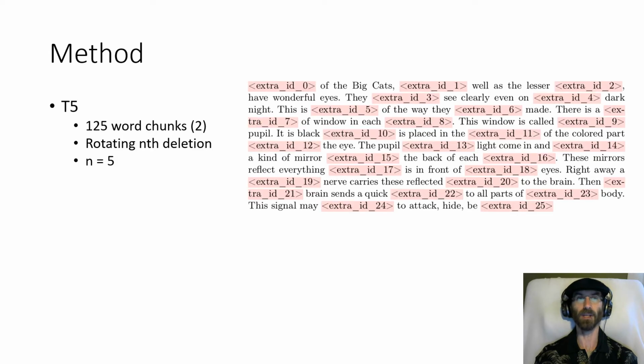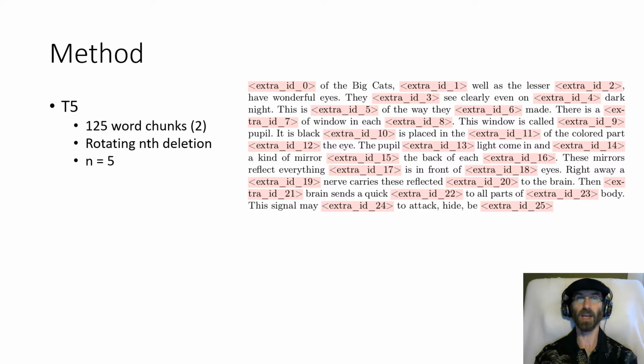The method is to use a transformer called T5, the text-to-text transformer. We're going to use 125-word chunks, 2 of those to add up to 250 words. This gives us comparability with the number of words used in our first study, the human subjects data collection study. We had to divide it into 2 for technical reasons; it's a limitation of the model.